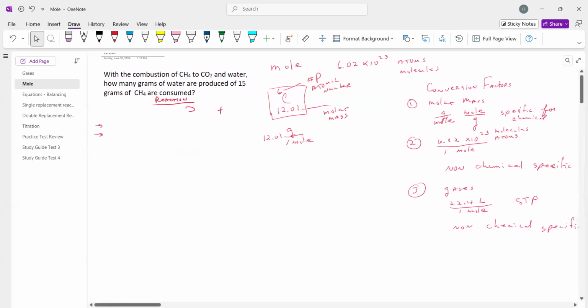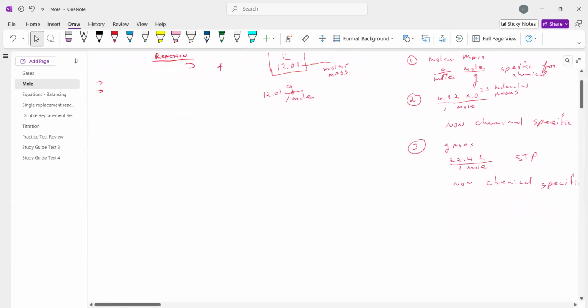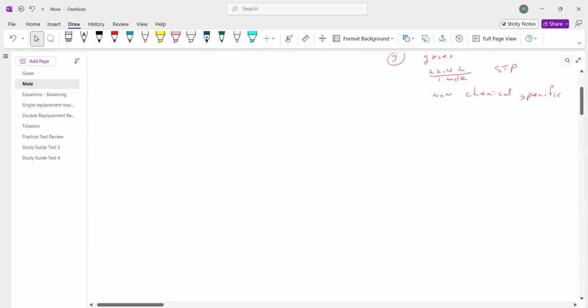Okay, so let's look at a typical problem involving some of these conversion factors. I think I have some already.